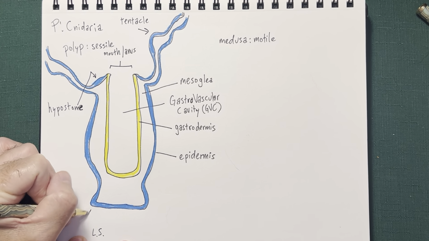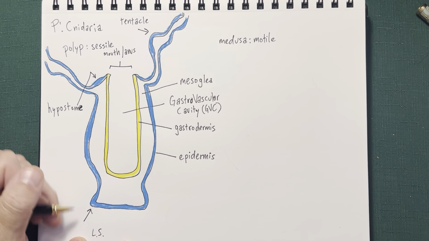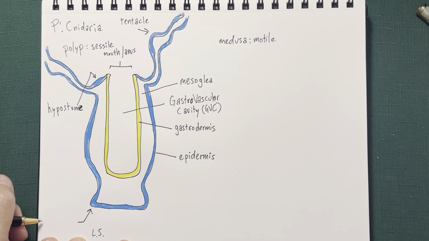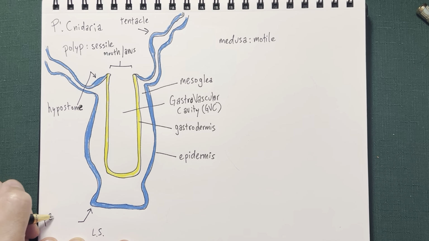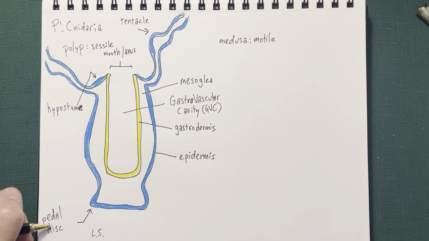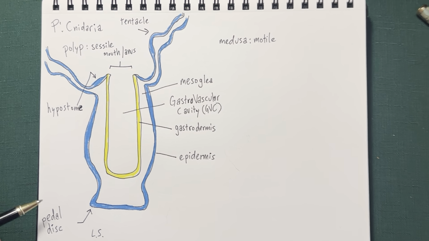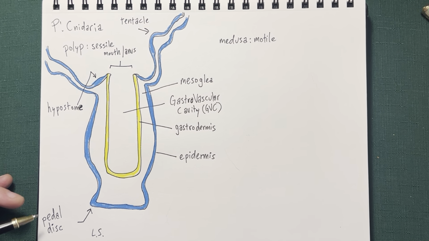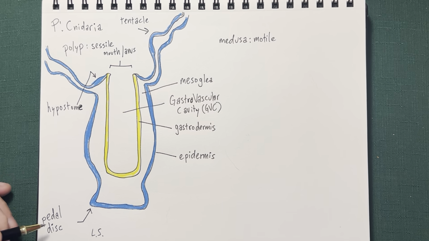Okay, one more thing that we're only going to have in our polyp form is this bottom part here, which anchors it to its substrate so it doesn't move around, except in some extreme circumstances. And I know you've seen this word before, but marine biologists I've spoken with call this a pedal disc.